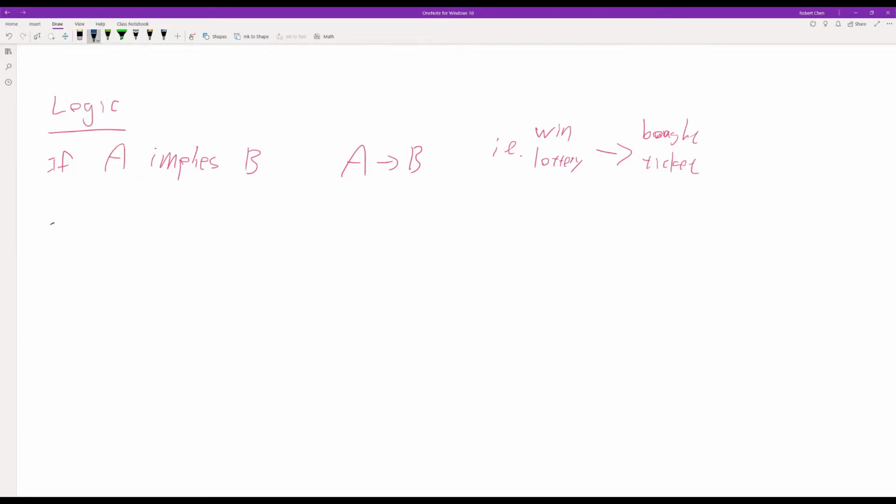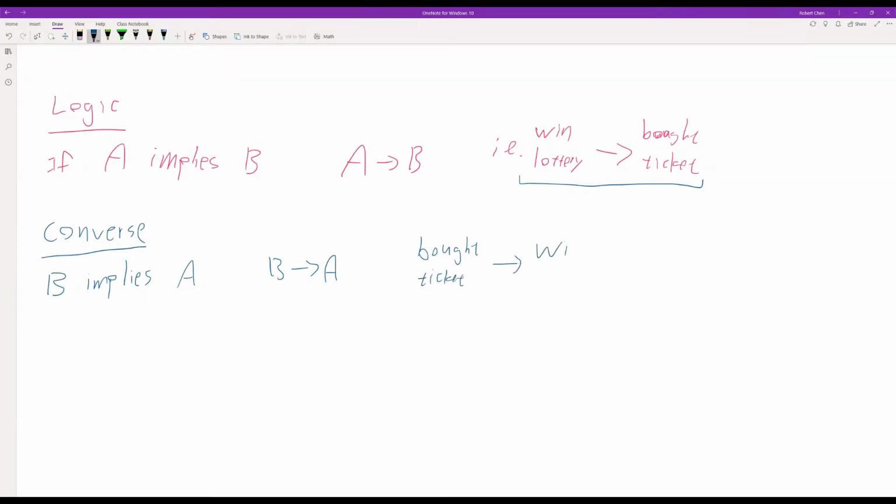The first is the converse. The converse of A implies B is B implies A. So the converse of the statement, win the lottery means you bought a ticket, would be that you bought the ticket and you win the lottery.